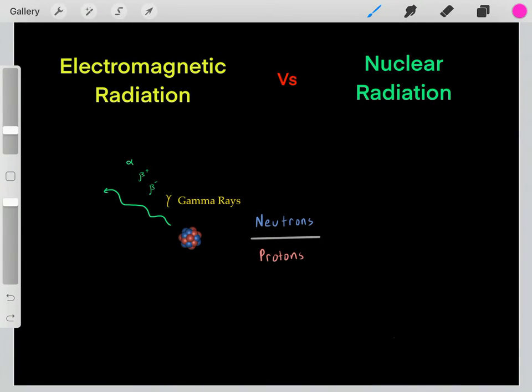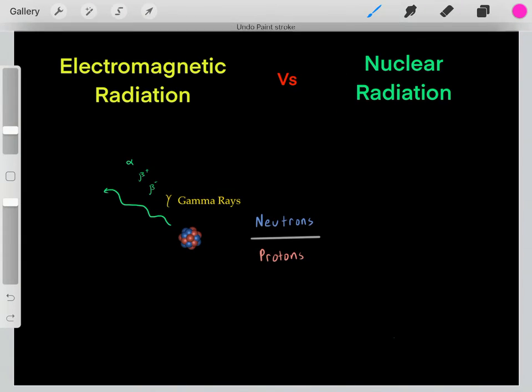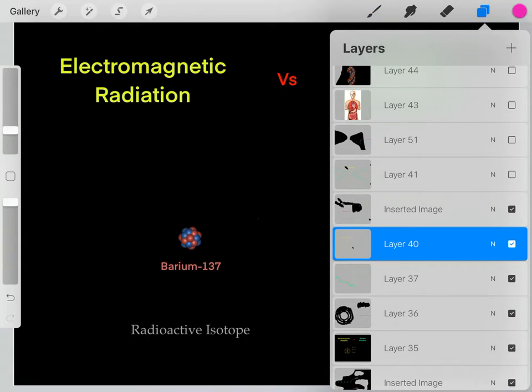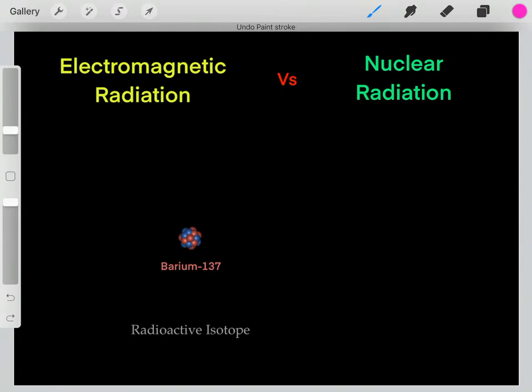However, another type of nuclear radiation are these gamma rays. We already learned these gamma rays are a type of electromagnetic radiation. In fact, these gamma rays are the only type of electromagnetic radiation that also happens to be nuclear radiation. So we can have an unstable isotope. For example, barium-137 is a particular radioactive isotope.